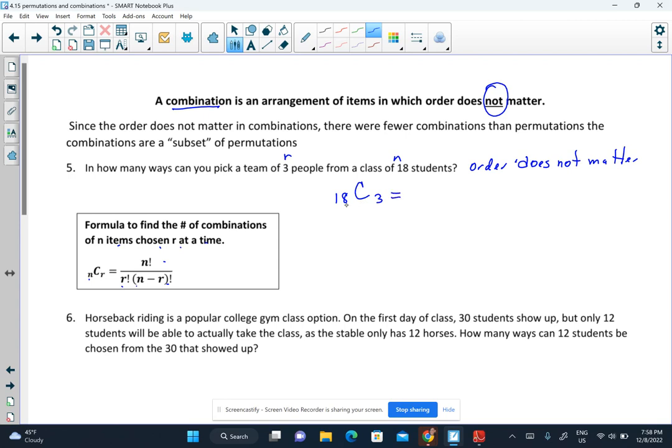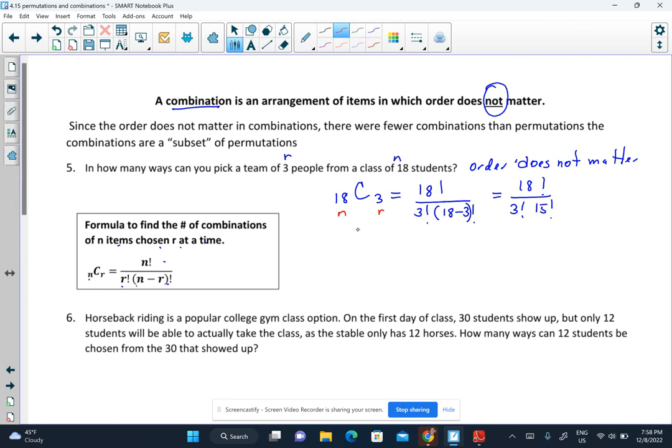So if I were doing this by hand, this would be 18 factorial, that's my n, over r factorial, or 3 factorial, and then 18 minus 3 factorial. So that's 18 factorial over 3 factorial times 15 factorial.